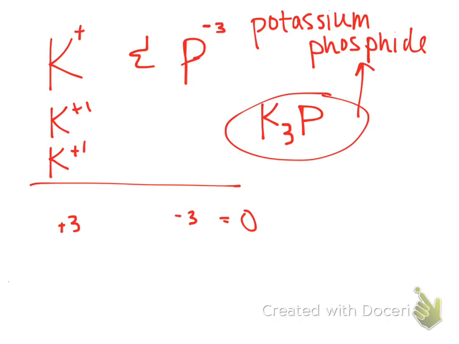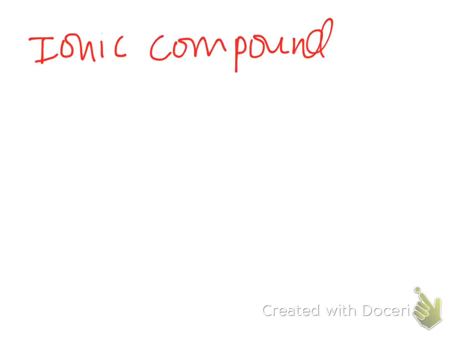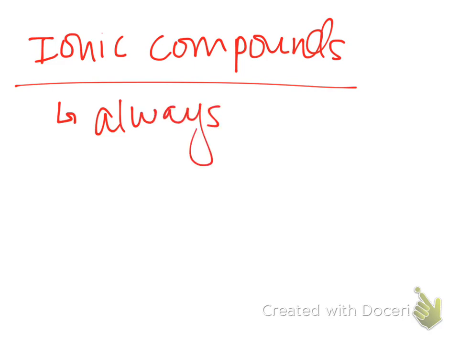I didn't include this at the beginning, and I don't know why I forgot, but these compounds are ionic compounds. This is a specific set of naming rules for ionic compounds. So you might want to put that at the beginning of this naming section. Ionic compounds are always between a metal and a nonmetal.